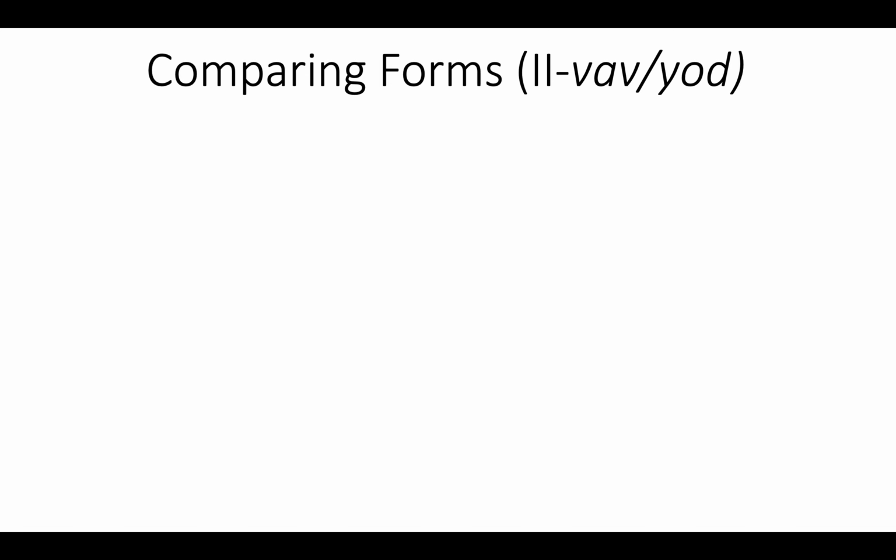Now let's look and see what happens if the middle root letter is a vav or a yod. And remember, the roots that have vav or yod in the middle often behave in similar ways, so that's why they're kind of grouped together. The first root I'm looking at here is qof, vav, mem, which means to stand or rise up.